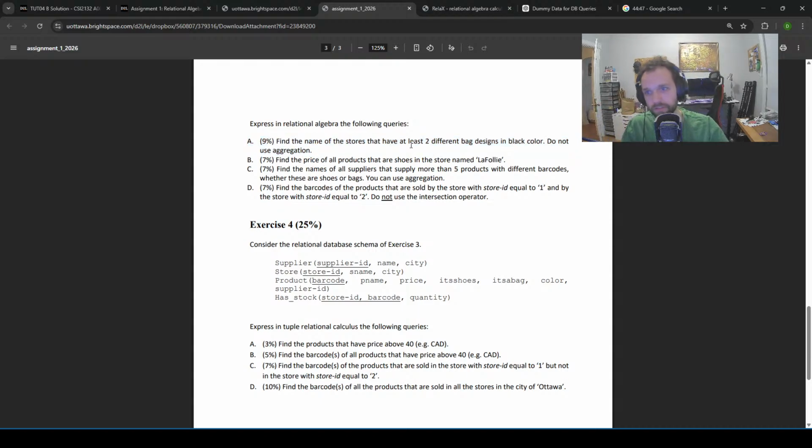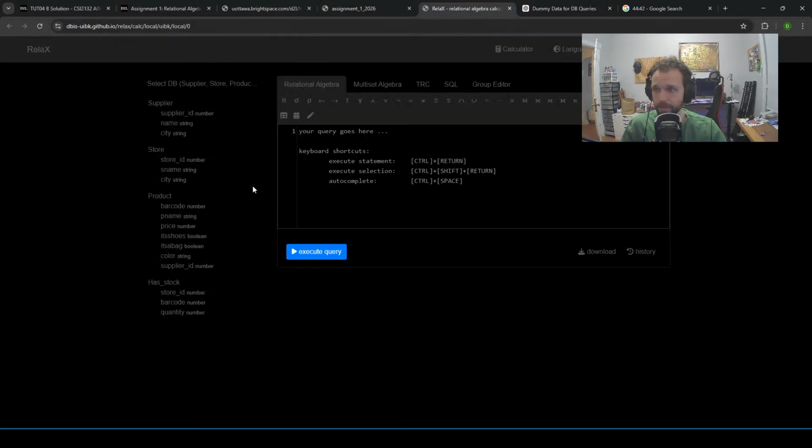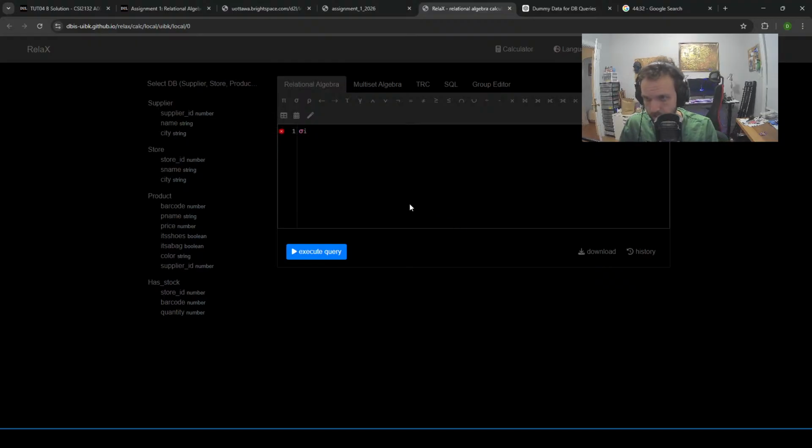So we'll do that. First thing that I remember doing is going through product, basically going through everything that is a bag and is also black. Is a bag is equal to true, and color is equal to black.